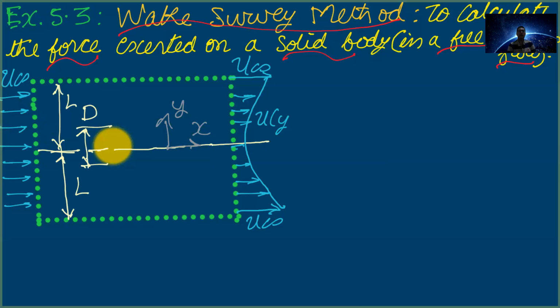Another important thing you can note is that although you are given the velocity profile at the left boundary and the right boundary of the control volume, you also need to realize, and in fact that is the key to solving this problem, what do you expect? All the mass which is entering from the left boundary, is it leaving from the right boundary or not?